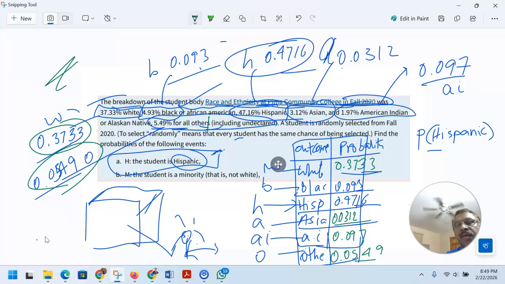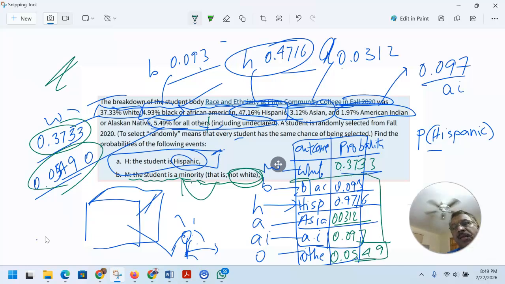Now the next question is, if a student is selected, what's the chance that he's not white? It means he is a minority. The minorities are all these cases: Black, Hispanic, Asian, American Indian, and others.